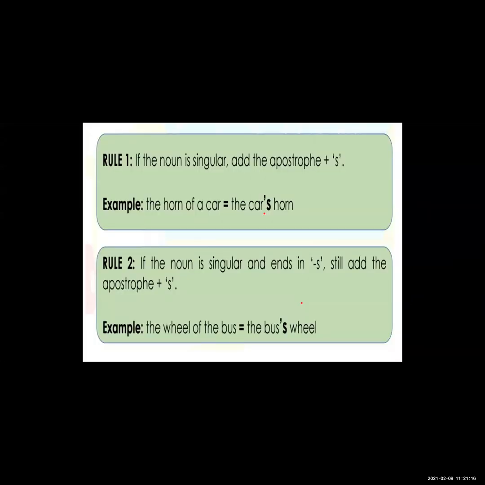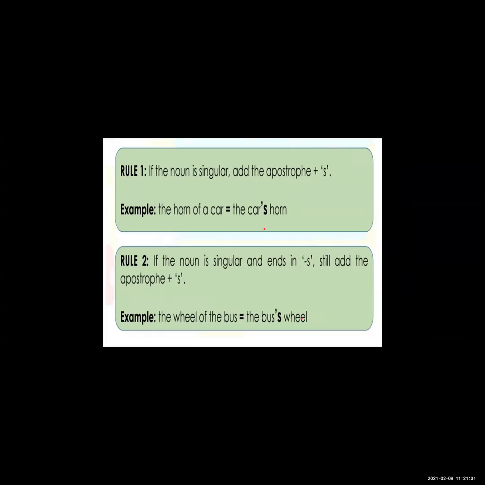If the noun is singular and ends in s, still add the apostrophe plus s. See the example over here. Bus. Here it ends with s, but see, bus is a singular noun.